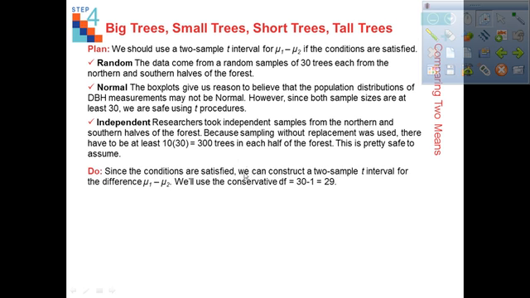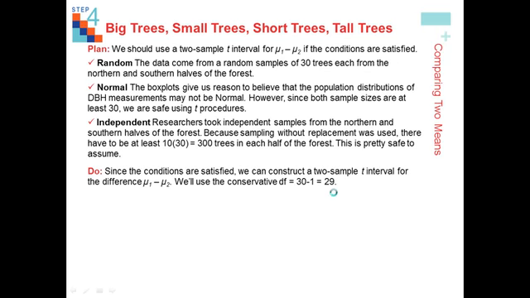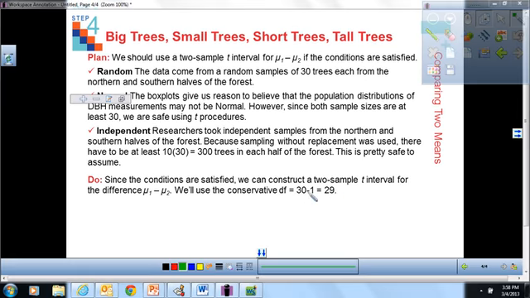So since our conditions are satisfied, we can construct a 2-sample t interval. Remember, it's a 90% confidence. The thing here is that they have the same n, so our degrees of freedom is 29 for both of them. If they weren't the same, we would have to take the smaller of the two degrees of freedom, or use the df from the calculator.